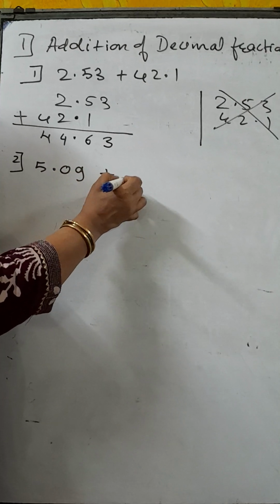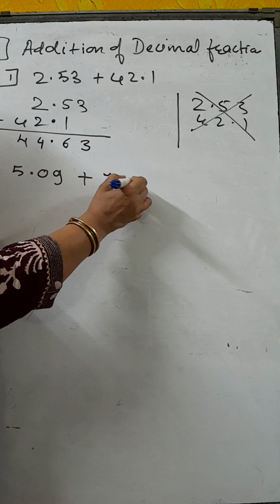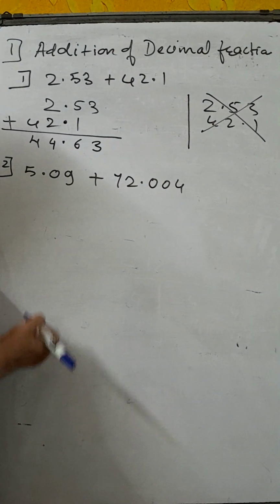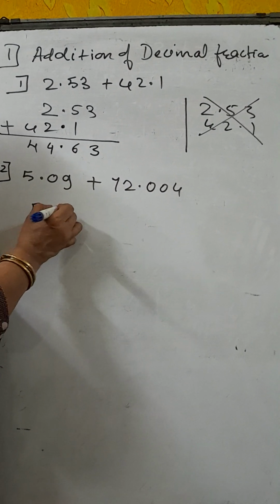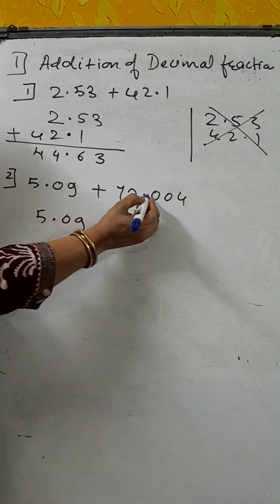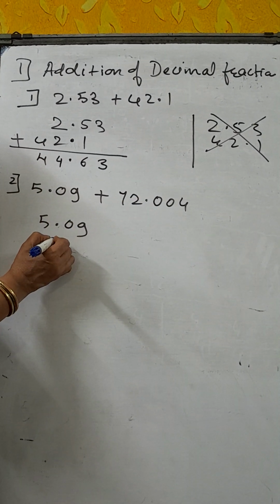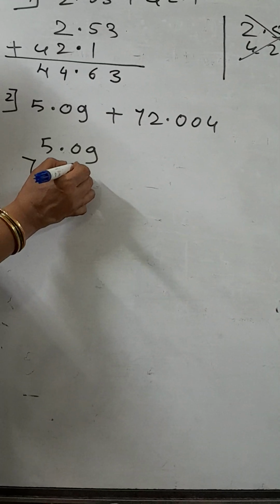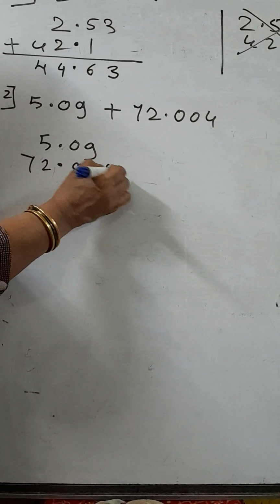5.09 plus 72.004. What I told you, you must remember: below the decimal point, the decimal point should be there. 72.004.